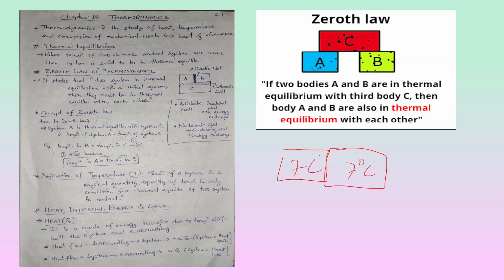Then you see this equality, that condition is our thermal equilibrium. Initially one has the greater temperature and the other a lower temperature, but after some time we see that both are equal. That means they are sharing temperature.